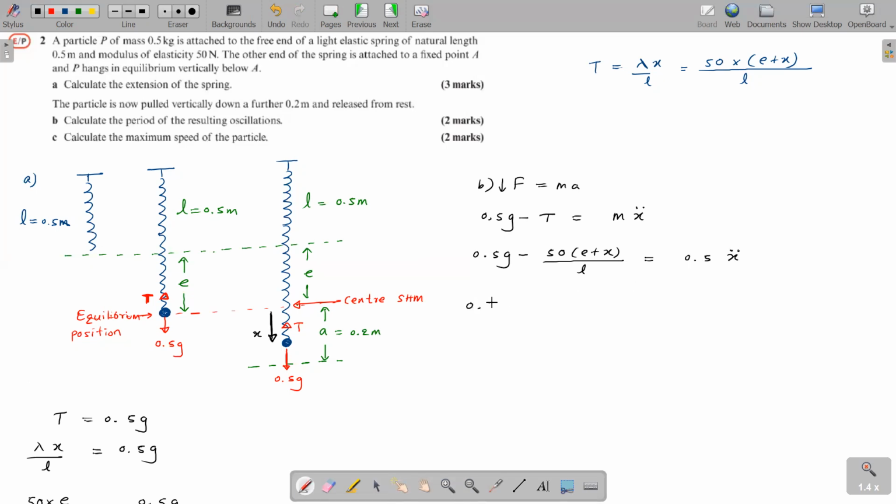So let's expand the bracket. 0.5g, and I will expand the bracket with minus 50 over L. So minus 50E over L minus 50x over L equals 0.5 x double dot.